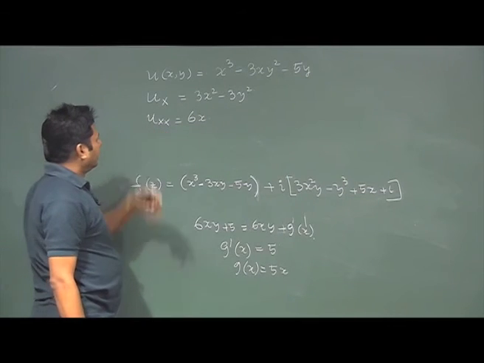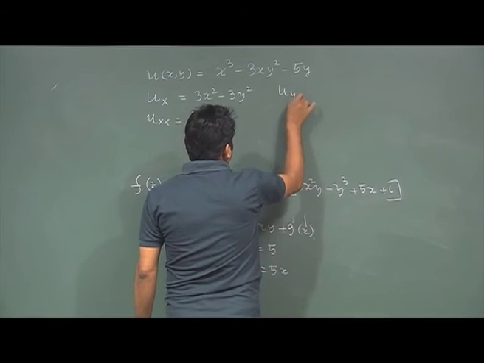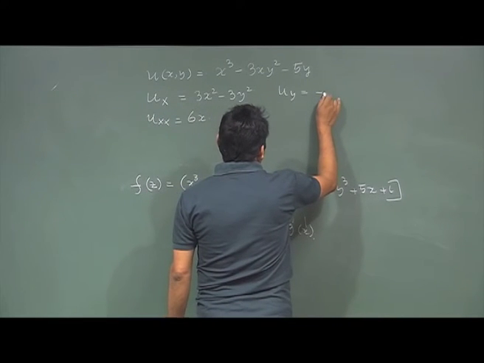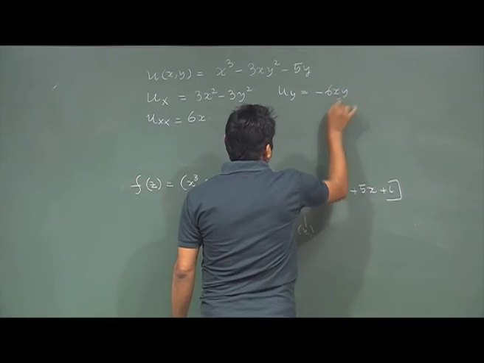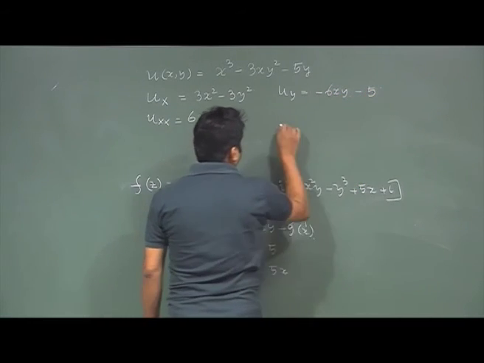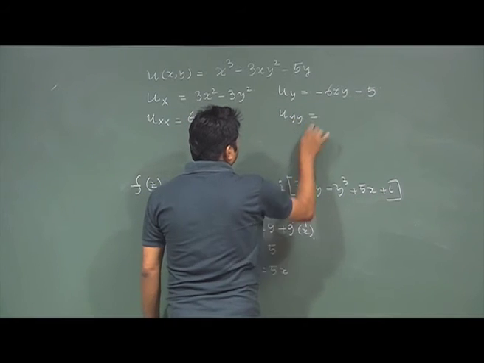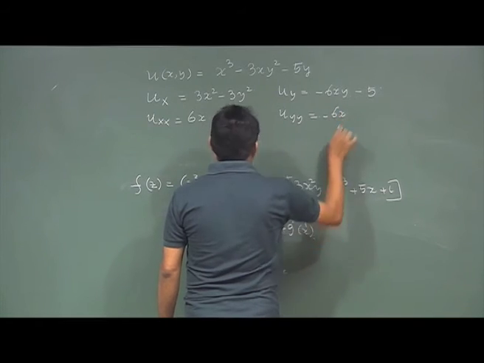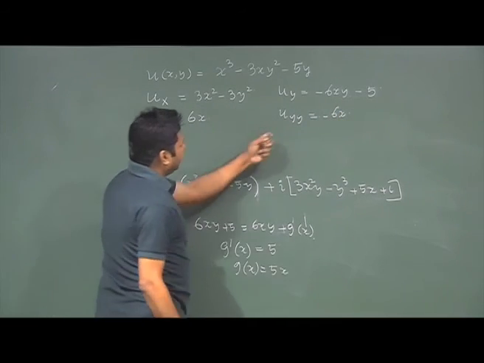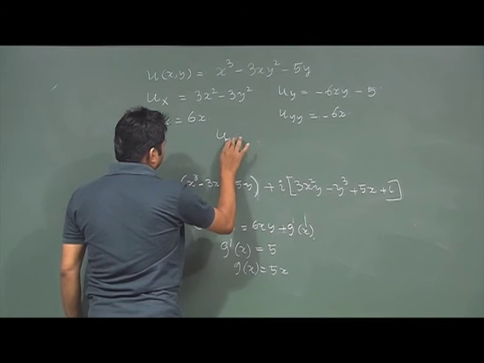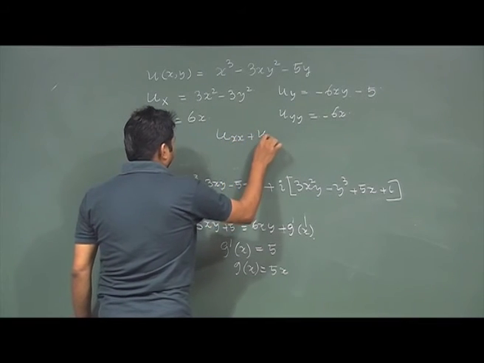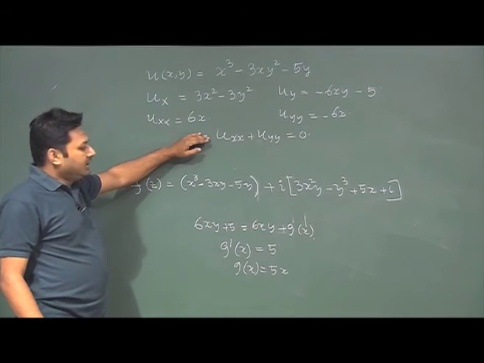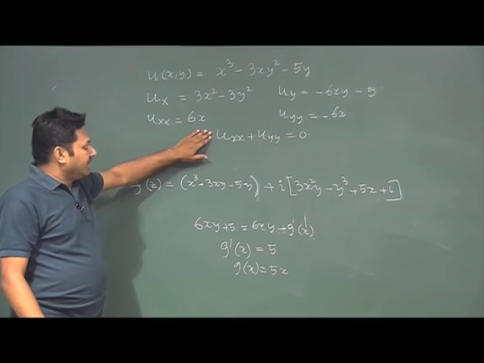This quantity, u_y is how much? u_y is minus of 6xy minus 5, u_yy, this is constant, so it will be minus 6x. So, from here and here I can write that u_xx plus u_yy is equal to 0. That means u, the function that is given to me, is harmonic in nature.